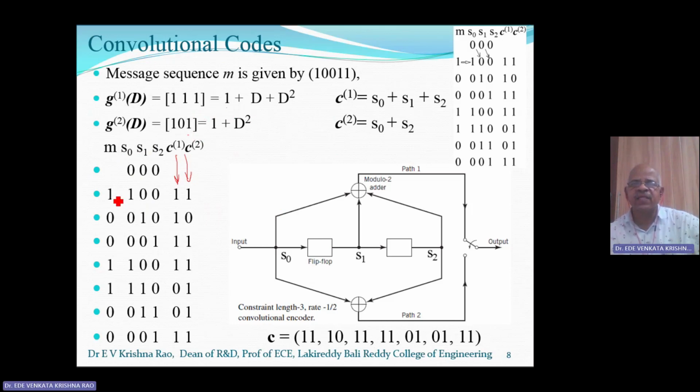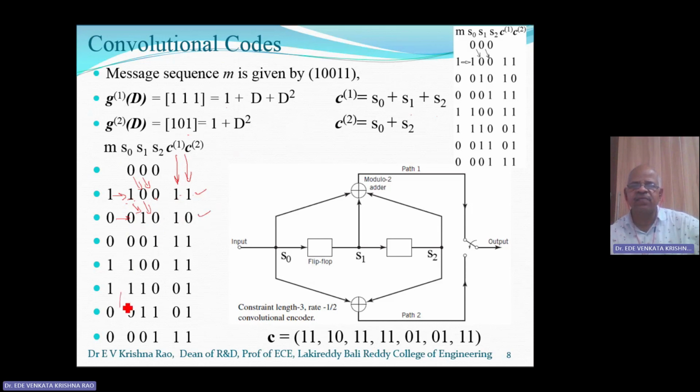The message is given as 10011, and by shifting every bit after initializing S0, S1, S2 nodes to 000, for every one bit the modulo additions of the combination of S0, S1, S2 are taken, 1 plus 0 plus 0 and so on. For the second bit, shifting gives the combination 0 1 0, 1 plus 0 plus 0.